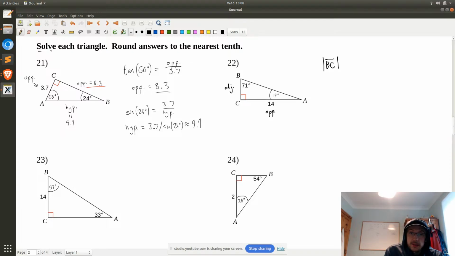So opposite and adjacent. Who's that? That's tan of theta. So tan of 71 is 14 over BC. That means BC is 14 over tan 71. Much better. We say 4.8.